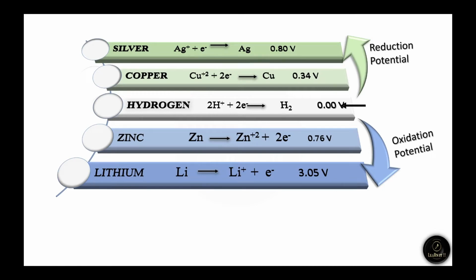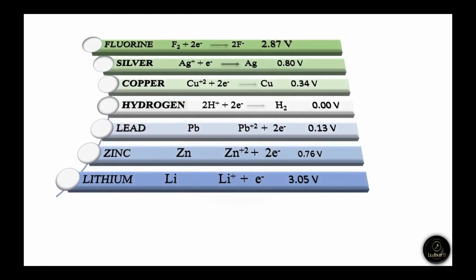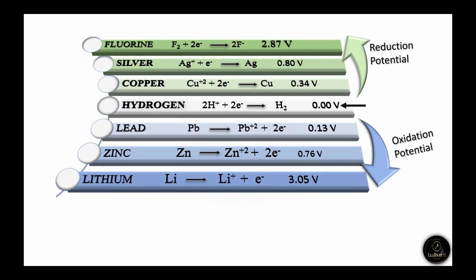So if we add some more elements like fluorine, because we know fluorine is the most electronegative element, then it will occupy the first position in the standard reduction potential value. And the lead, it comes between hydrogen and zinc, whose value is 0.13. It is the standard oxidation potential.